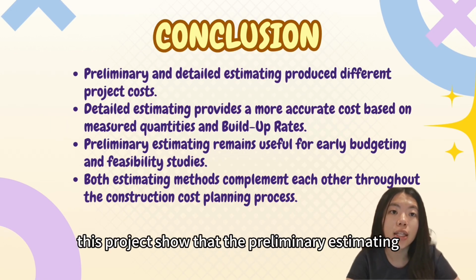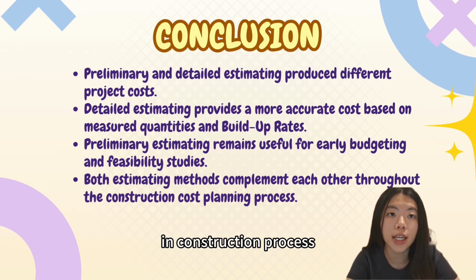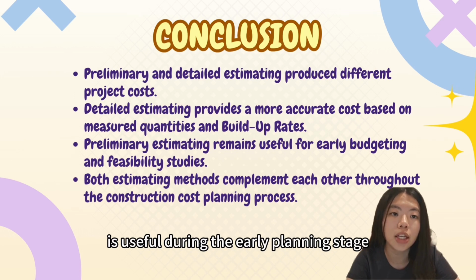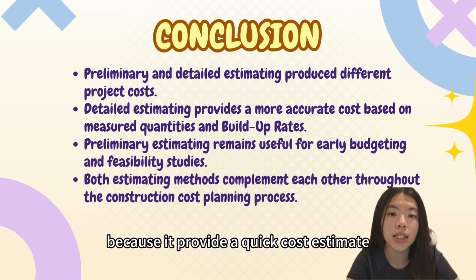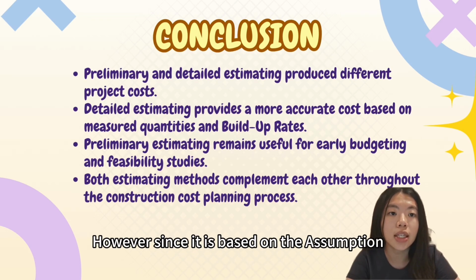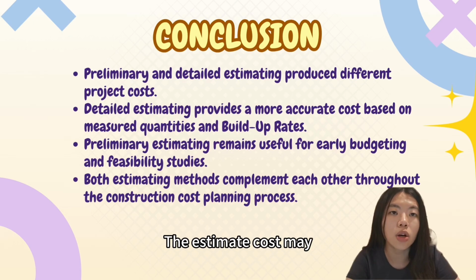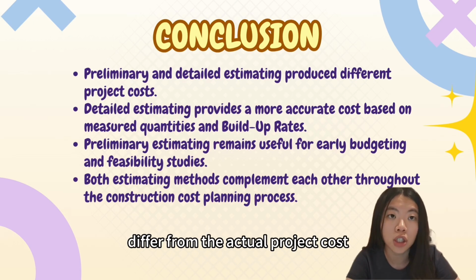In conclusion, this project shows that preliminary estimating and detailed estimating serve different purposes in the construction process. Preliminary estimating is useful during the early planning stage because it provides a quick cost estimate for budgeting and feasibility studies. However, since it is based on assumptions and percentage allowance, the estimated cost may differ from the actual project cost.